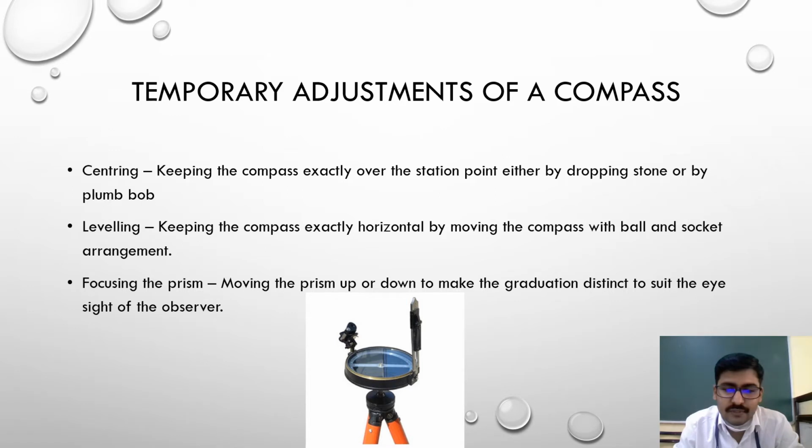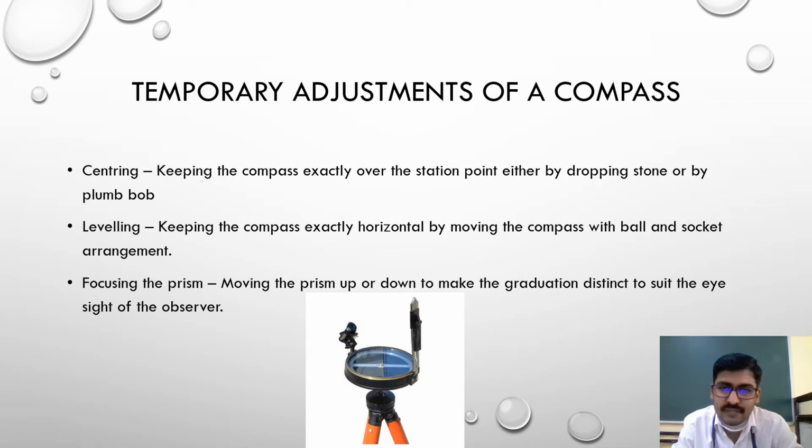So depending upon your eyesight, you are supposed to adjust the prism by moving it up or down to read the angle. The first temporary adjustment is centering, that is nothing but keeping the compass exactly over the station point. The second one is leveling: when you rotate the compass, the needle should not rotate.